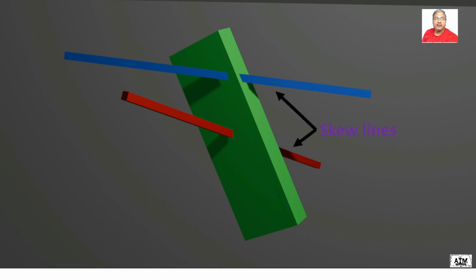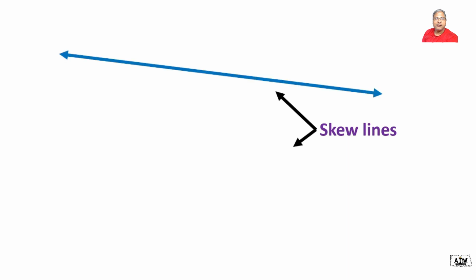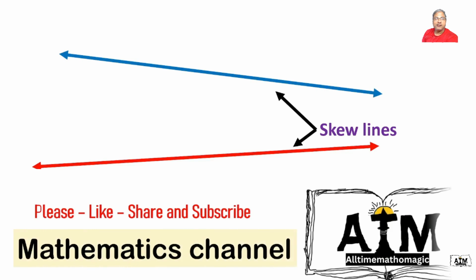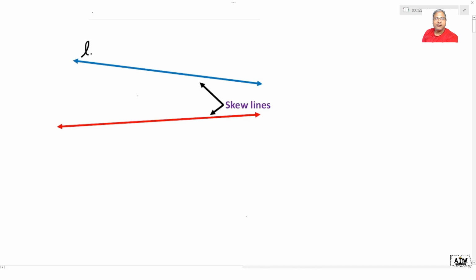Now, replacing this 3D diagram with simple two lines, the first line and the second line. Both lines are skew lines. Let L1 be the first line and L2 be the second line.